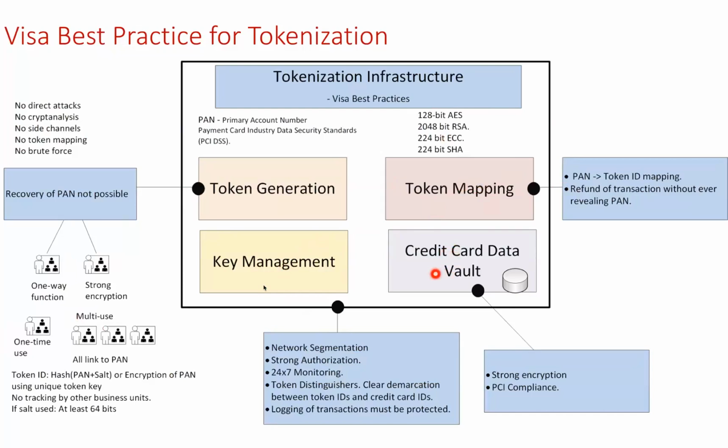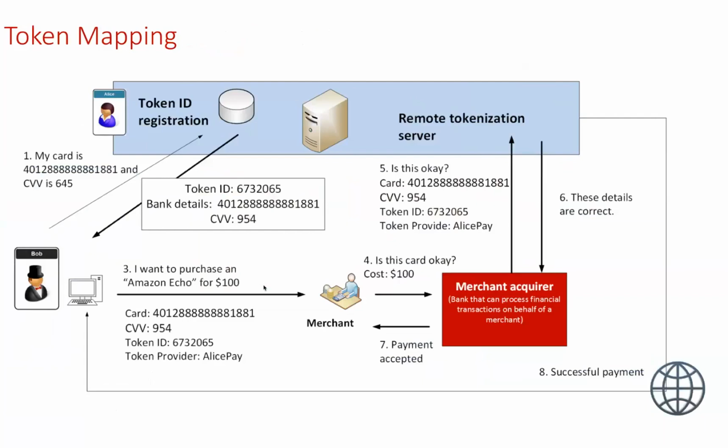And then we have things like the credit card vault, which obviously has strong PCI compliance. We use good quality encryption all the time. Obviously, the ECC and the RSA might be under threat with quantum computers, but that's what a strong tokenization infrastructure looks like.